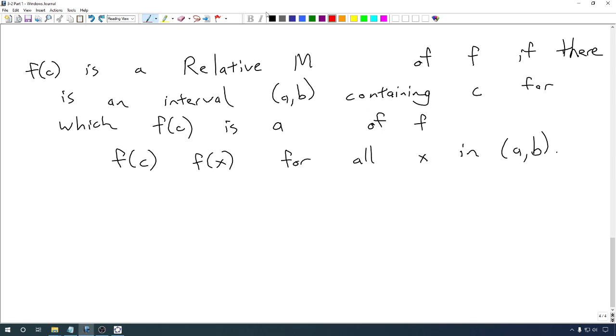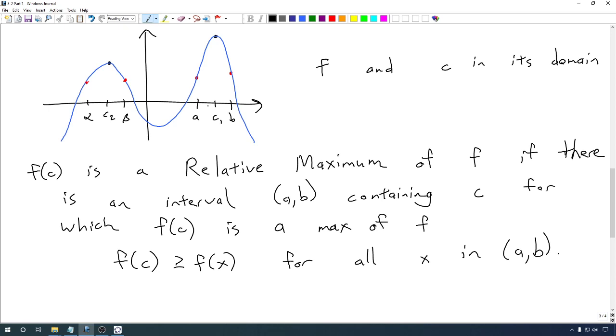So f of c is a relative minimum of f if there's an interval around c for which f of c is a minimum of the function, which means that f of c is less than or equal to f of x for all x in the interval.